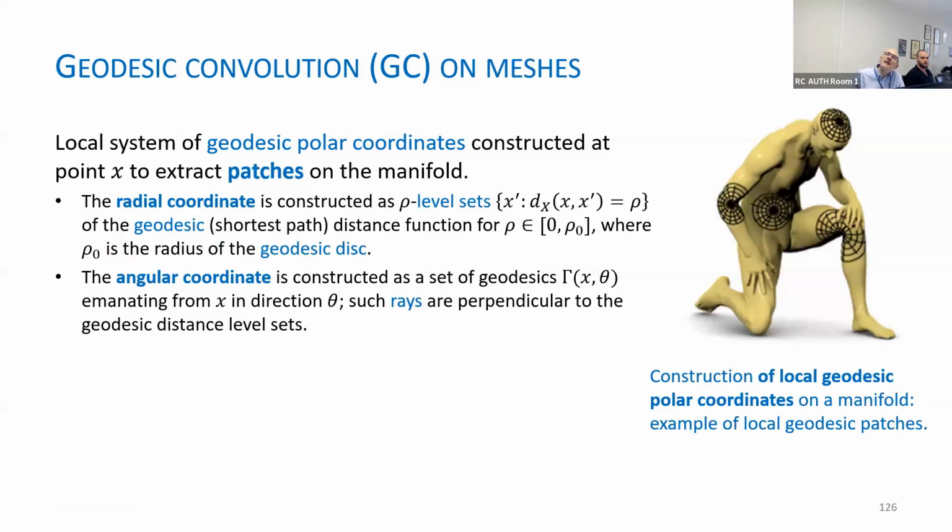And to this end, the main idea is to define these local regions where to perform convolution based on the geodesic distance. You know, geodesic is the distance computed on the surface. The Euclidean distance goes in a straight way from a point to another one. But if you have to measure on a curved surface like the surface of the Earth, which is a sphere, it is a curved measure.